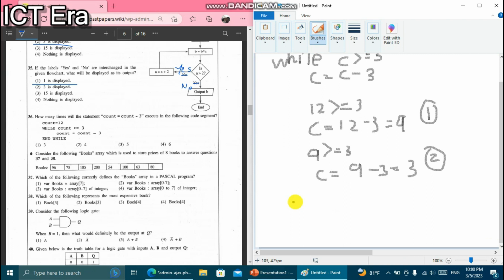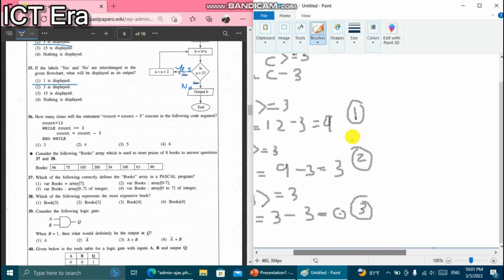Now the new count is 3. Is 3 greater than or equal to 3? Yes, 3 equals 3. Then new count will be 3 minus 3 equals 0. So this is the new count, 0. So how many times? 3 times. And again it repeats one time.